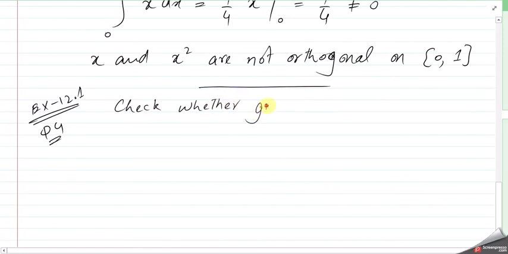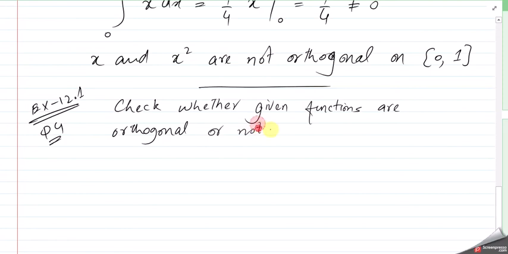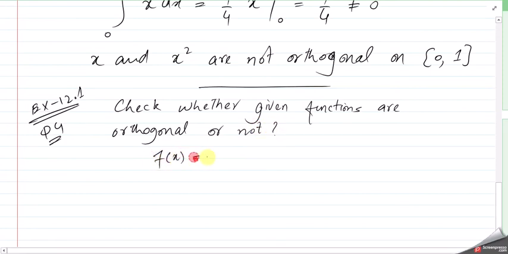Check whether given functions are orthogonal or not, and the functions are f of x equals cosine x, g of x equals sine square x, and the interval given is 0 to pi.